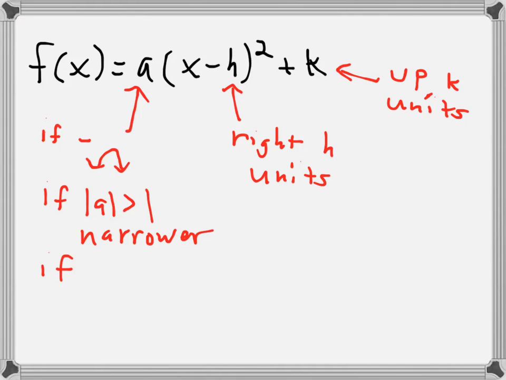And if the absolute value of it is less than 1, excuse me, let me fix that inequality sign, then it's going to become wider. And from now on out, we're just going to use these rules to graph the parabola.